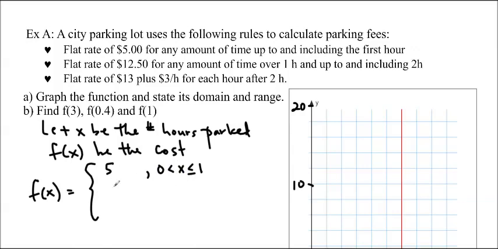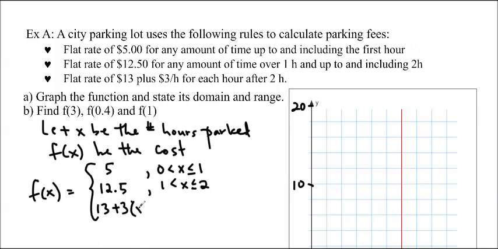And then we've got $12.50 for the next interval, so that's the next rule, right? A flat rate means that we just have the constant, and we're doing 1 less than x less than or equal to 2. And then our final rule, $13 plus the flat rate of $3 per hour for any hours over 2 hours.